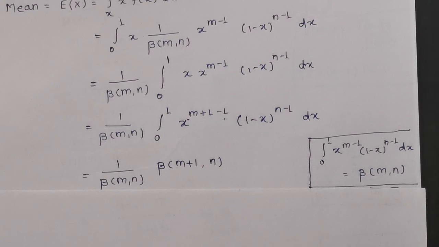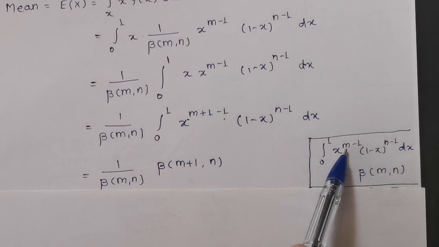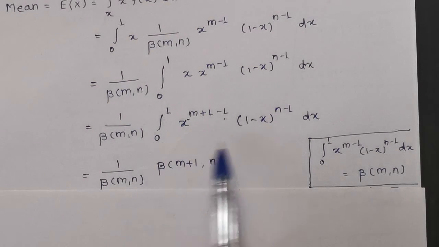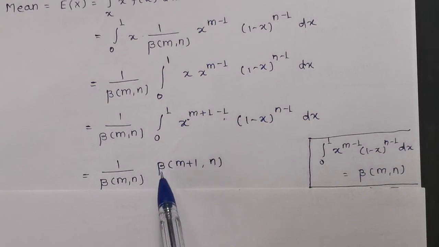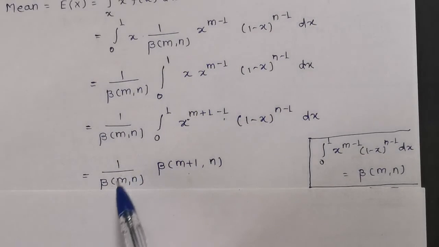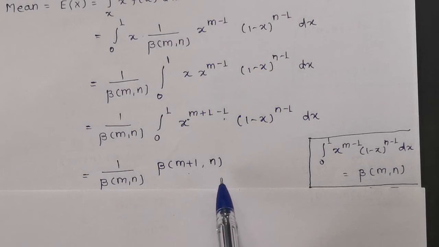Now we know that integration over 0 to 1 x raised to m minus 1, (1 minus x) raised to n minus 1 dx is beta(m,n). So here m is replaced by m plus 1, so we get this integration is beta(m plus 1, n). So 1 upon beta(m,n) into beta(m plus 1, n).